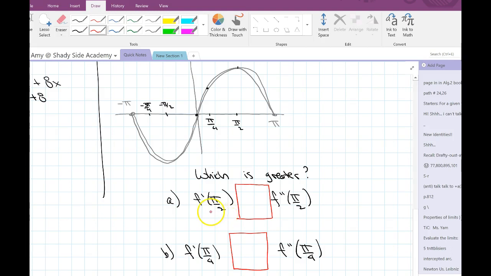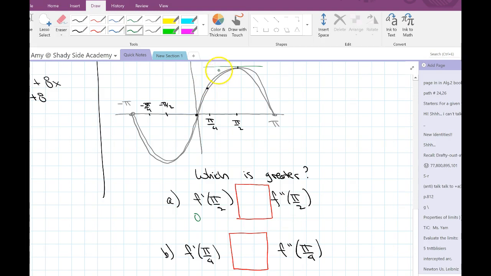Well, let's take a look at f prime of pi over 2. If I look at the function at pi over 2, I see that that's a point of horizontal tangency. So f prime of pi over 2 equals 0, making a note to myself. F double prime of pi over 2, we're talking about whether the slopes of the tangent lines are increasing or decreasing.